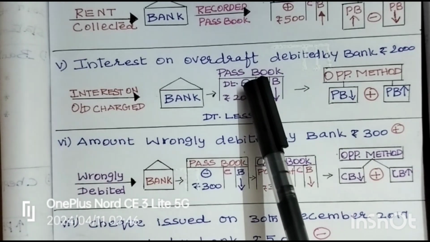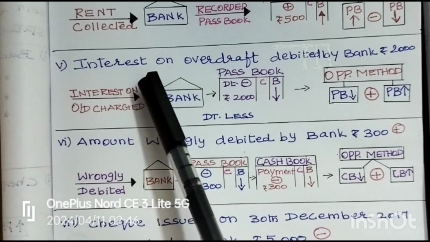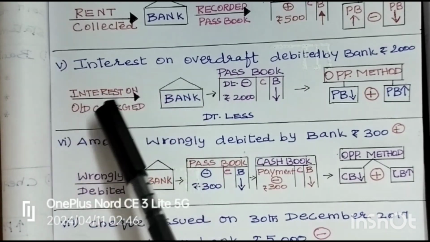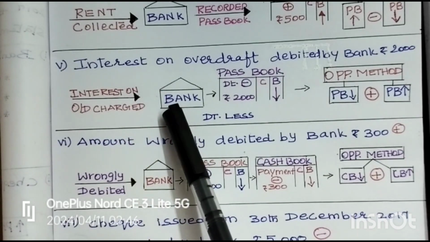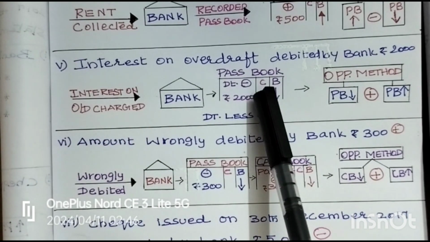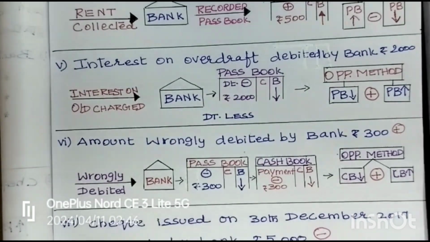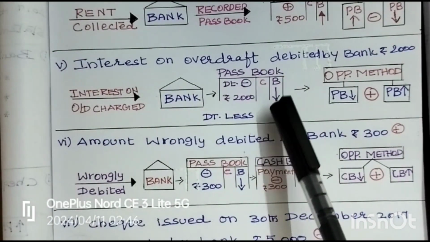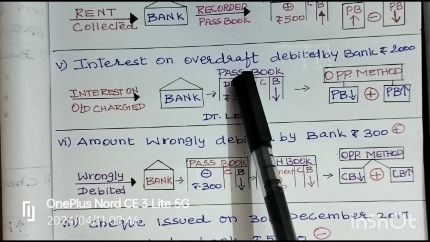Okay. So for the overdraft, the bank claims the interest on overdraft charged by the bank. So what happened to your bank passbook? In your bank passbook it will be decreased because the bank charged the interest on the overdraft.